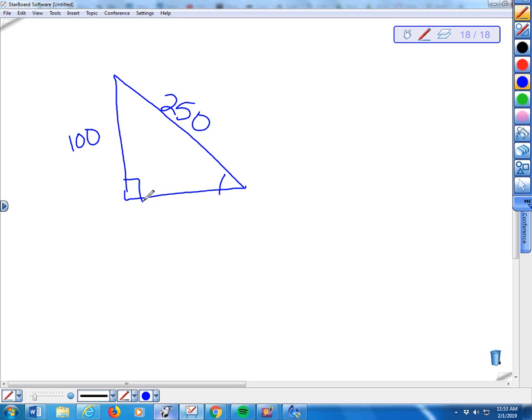Which is sine. Okay, so inverse sine of 100 divided by 250 is 23.6 degrees, letter B.